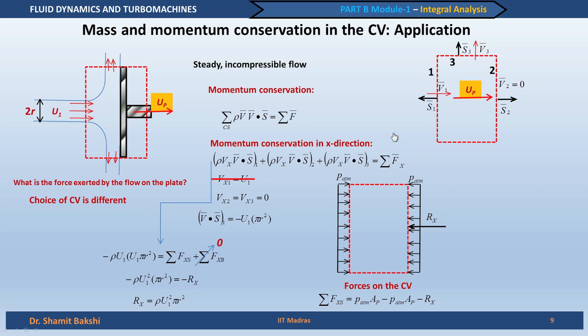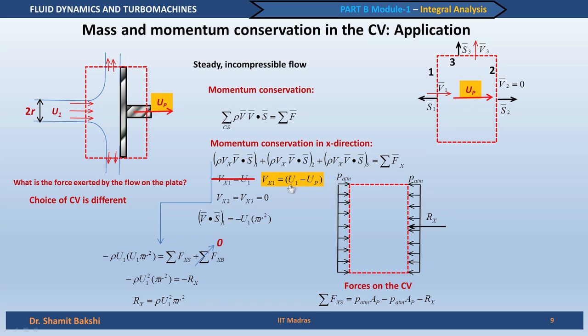How does it change? We will see that V x 1 is no more equal to u 1. u 1 is the velocity seen by a stationary observer. For an observer sitting on the moving control volume, V x 1 will be u 1 minus u p, minus the velocity of the observer or the control volume.